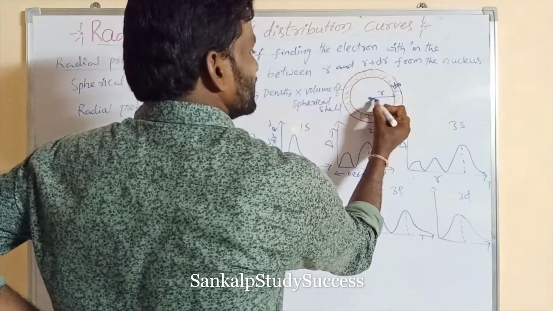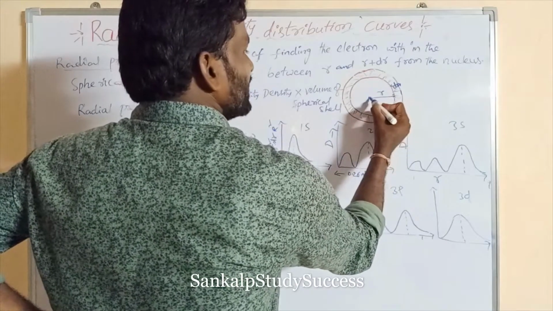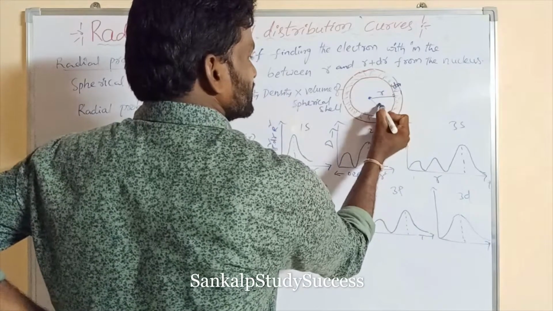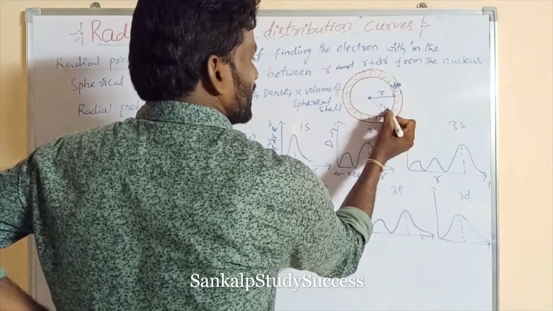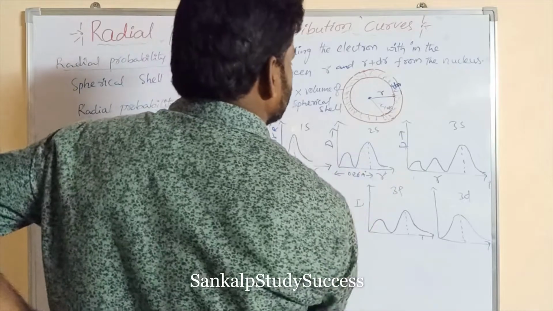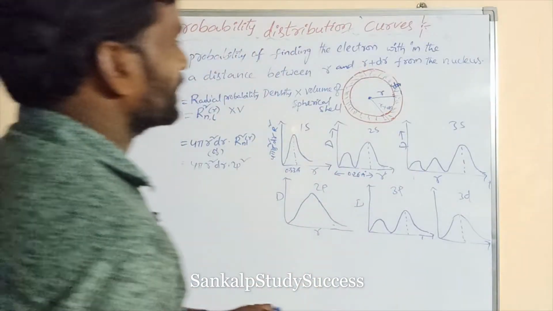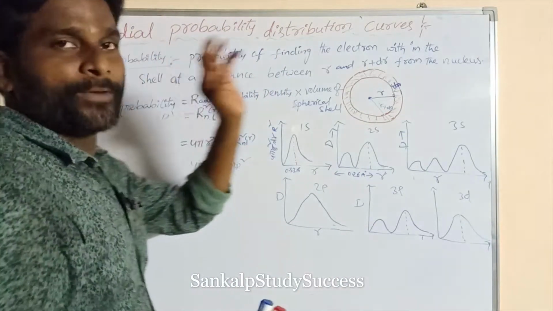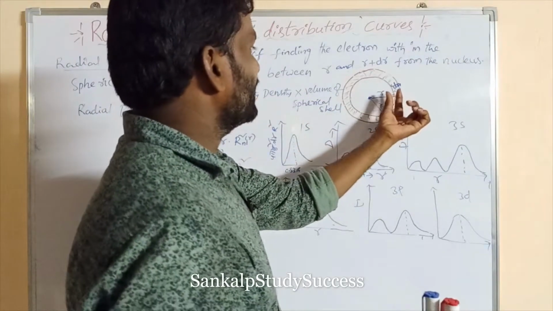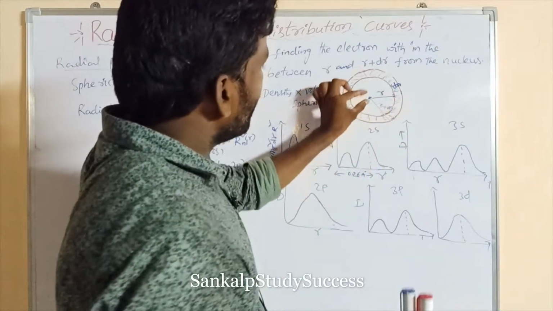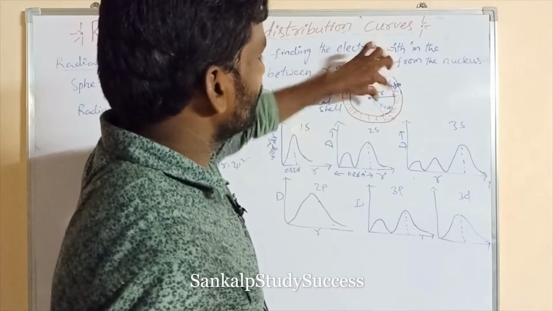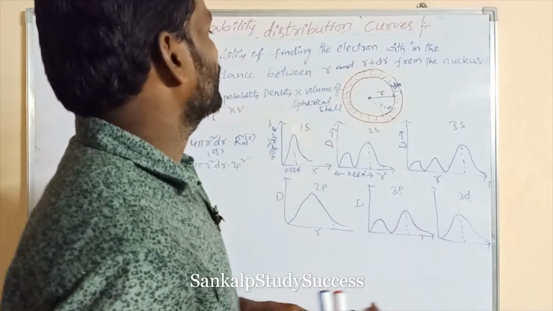So this is r, and this is dr, r plus dr. In this diagram we can find the probability of finding the electron between r and r plus dr volume.